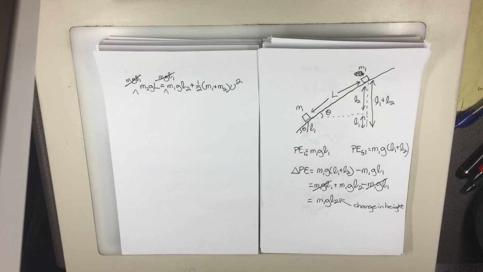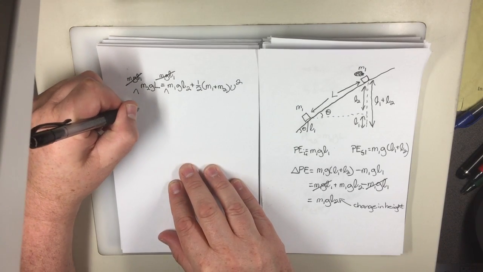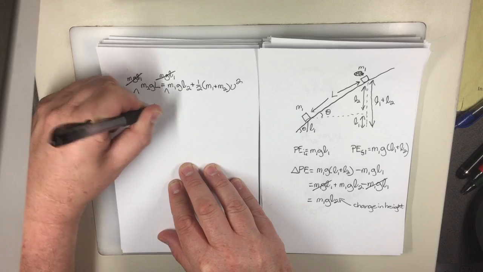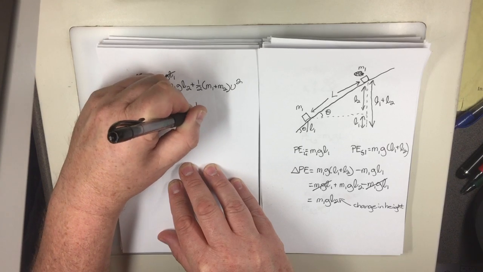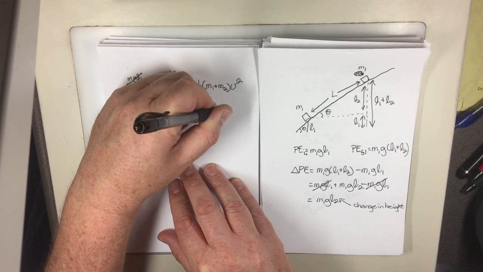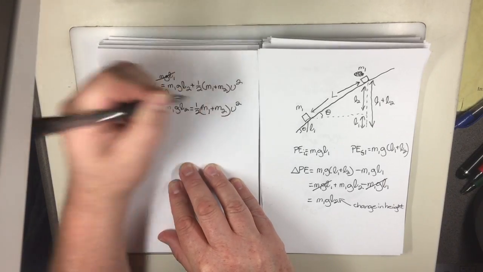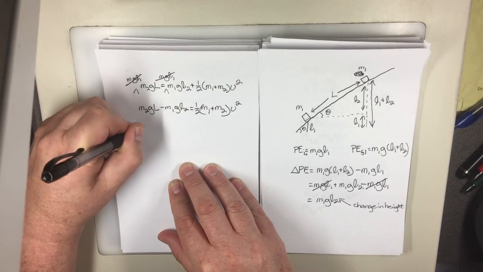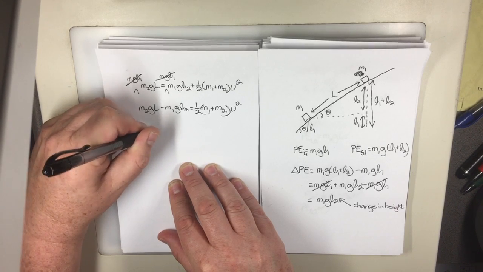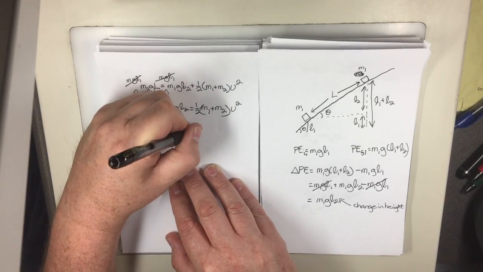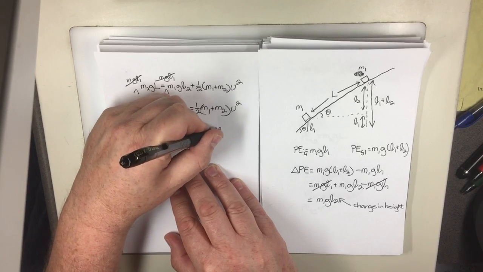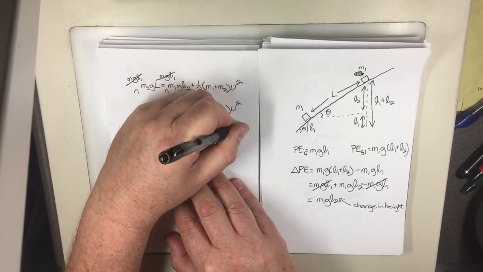All that we're interested in is the increase in potential energy. Now this becomes M2gL minus M1gL2 equals 1/2 (M1 plus M2) V squared. So this becomes 2(M2gL minus M1gL2) equals (M1 plus M2) V squared.